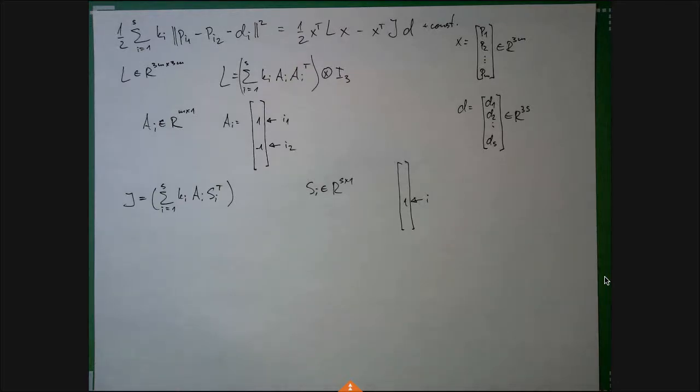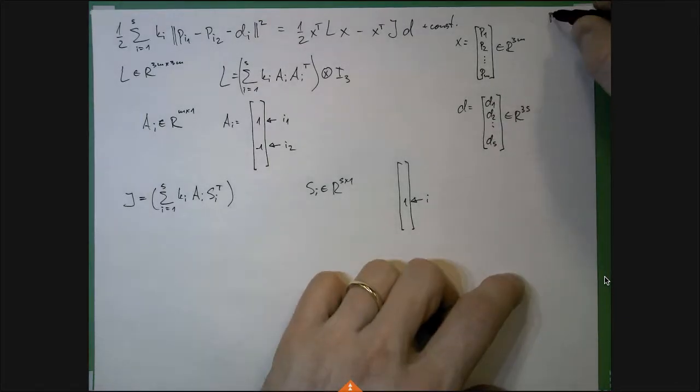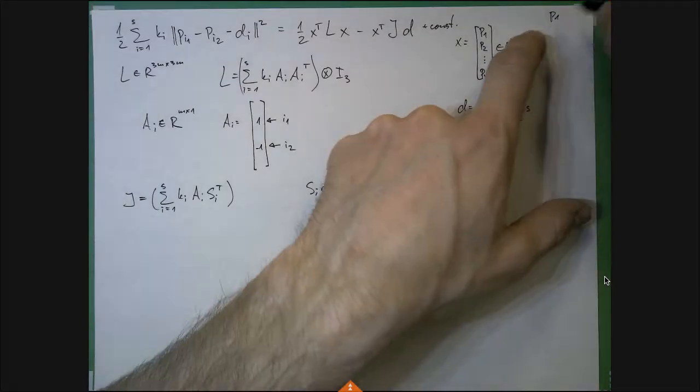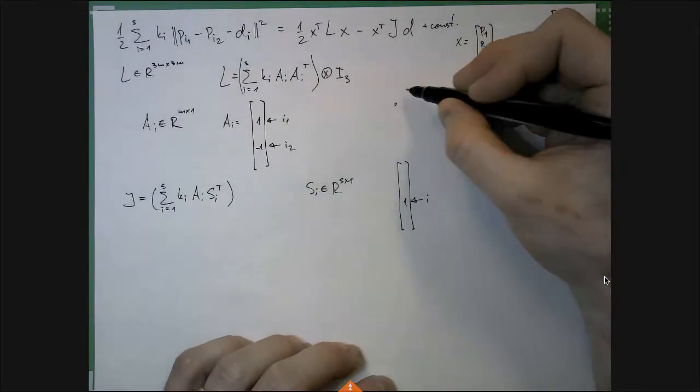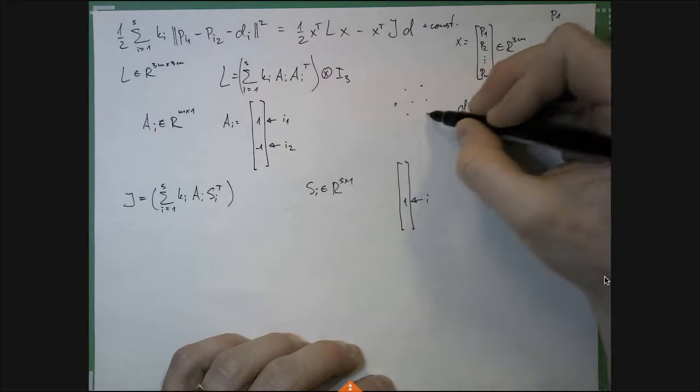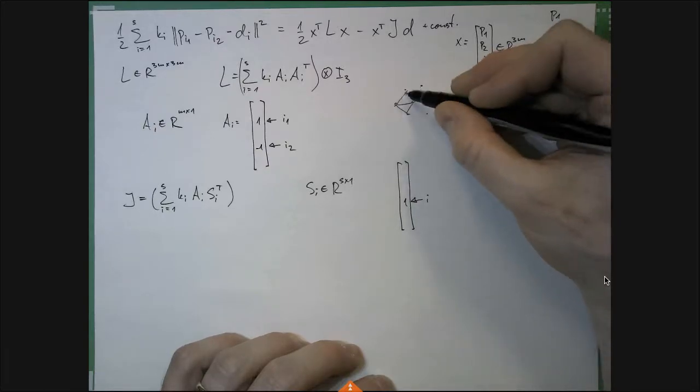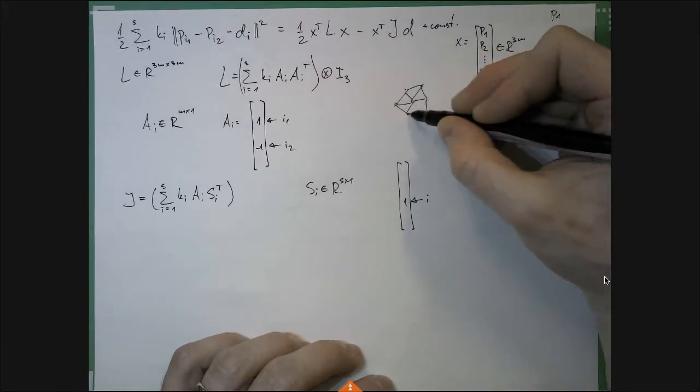The x vector, are you just taking all the vertices? And then are you stacking them like x, y, z? Yes, exactly. So if I were to write it really explicitly, these are my particles: P1, P2, P3, all the particles are there. There are some springs, right? So I have m particles, s springs.